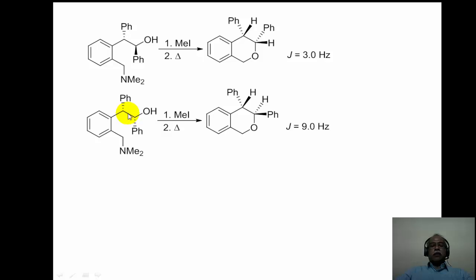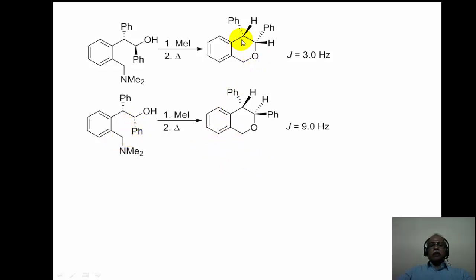So if you observe the stereochemistry of the starting point and the end point, essentially there is a carbon-carbon bond rotation that is taking place. This is a freely rotating bond, so the oxygen, in order to attack this particular carbon, should undergo a carbon-carbon bond rotation, and the oxygen should come here in order to attack this particular carbon.